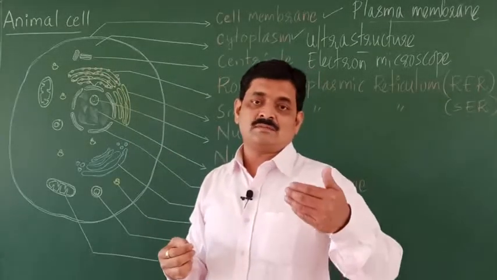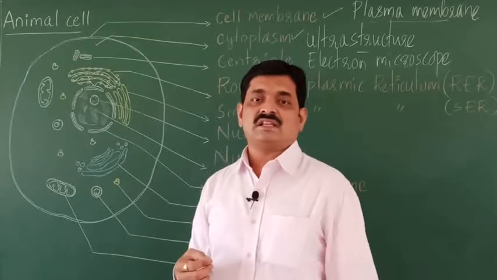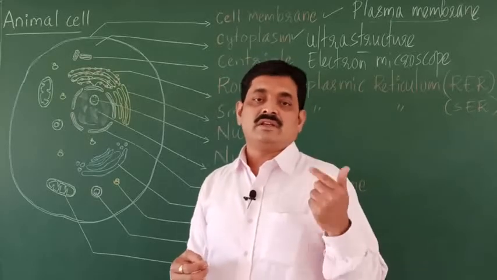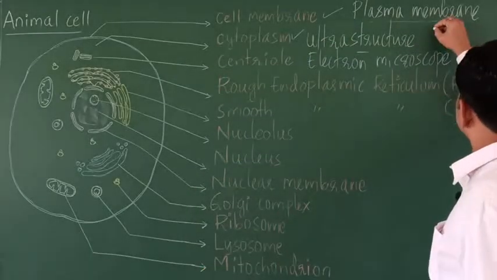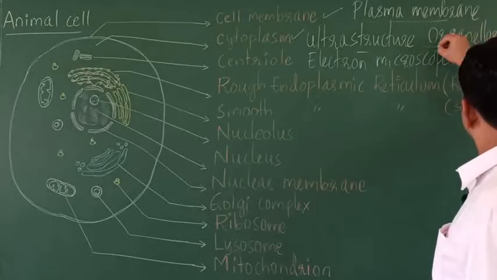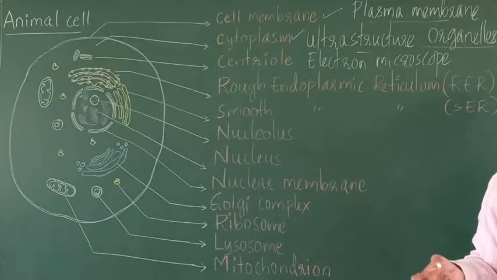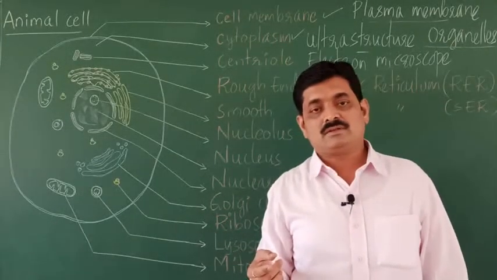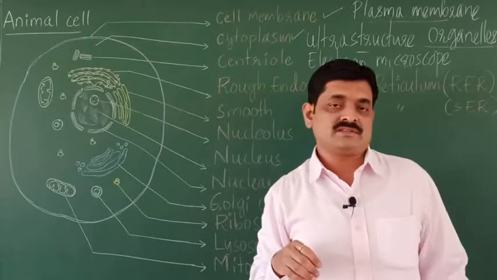Cytoplasm lies on the inner side of the cell membrane. Cytoplasm contains various organelles, or we can also call them cell organelles. So cell organelles lie in the cytoplasm.